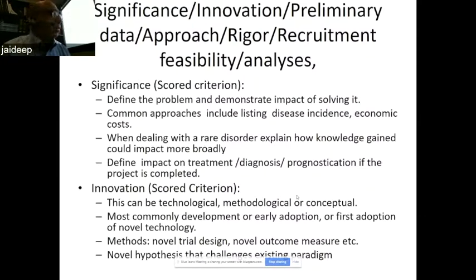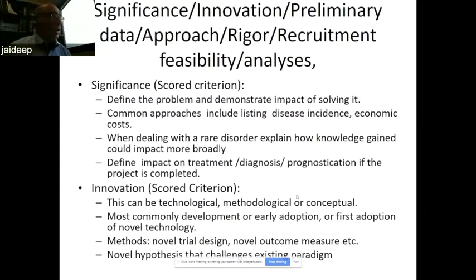Some of my good grant writing colleagues even begin by creating a subsection where they say problem, and then they go ahead and demonstrate how they're going to solve it. Common approaches in defining the problem are to define a disease by its incidence and economic impact.